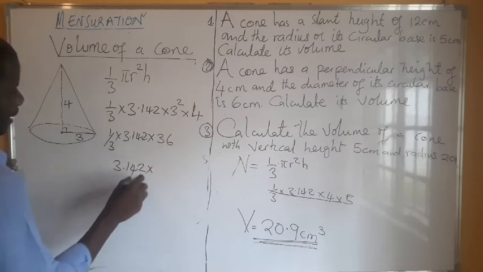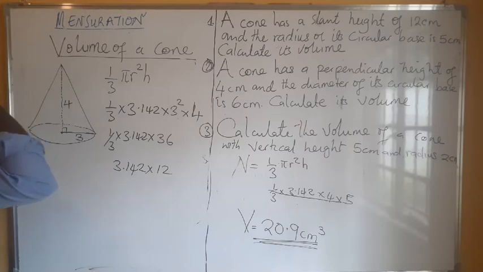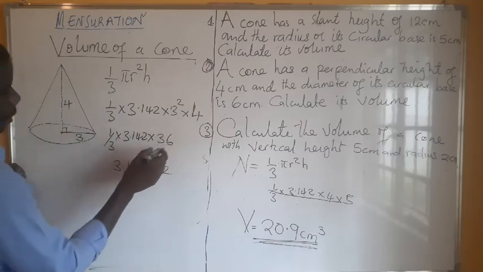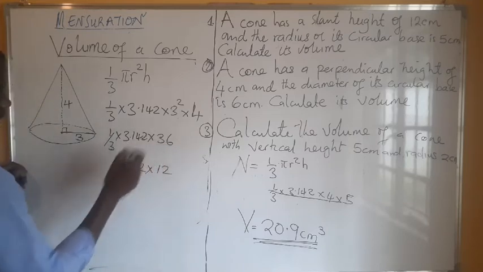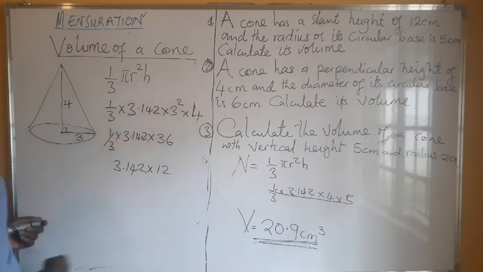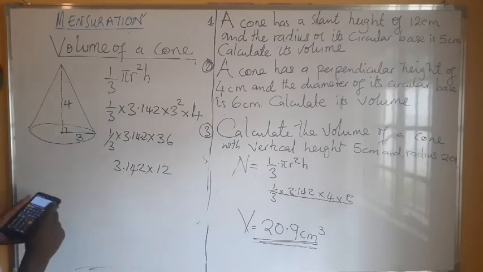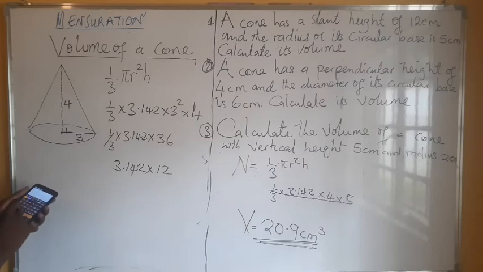3.142 multiplied by 12. Here, 3 into 36 is 12 times. Or even at this point we could have cancelled the 1 over 3 there. So at this point we can multiply 3.142 by 12.